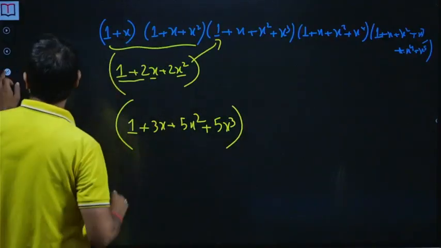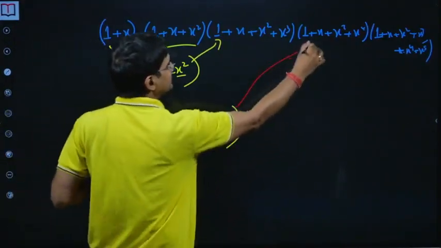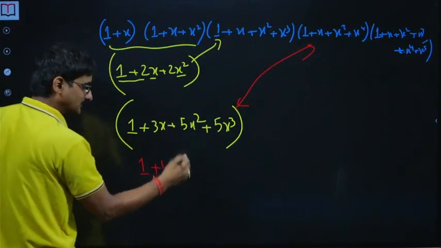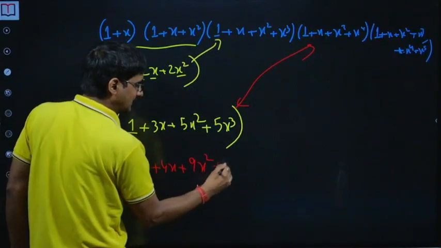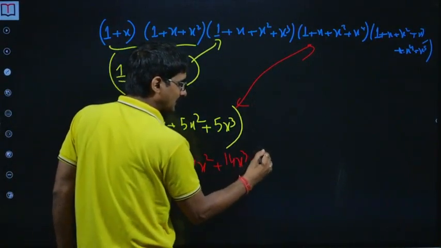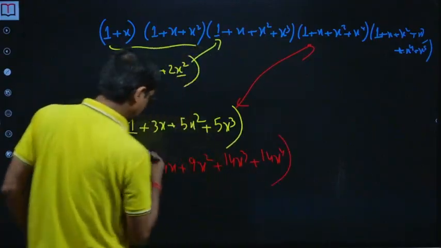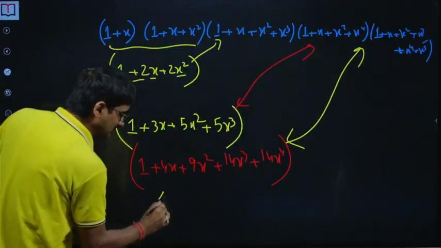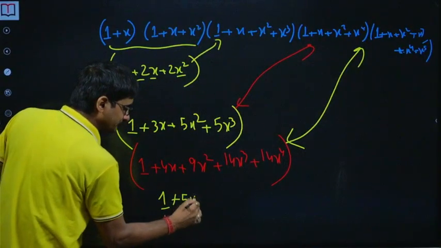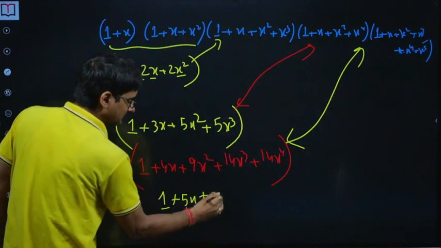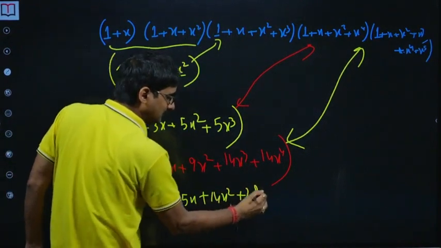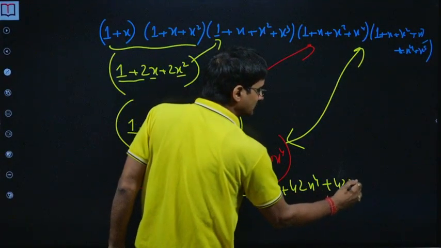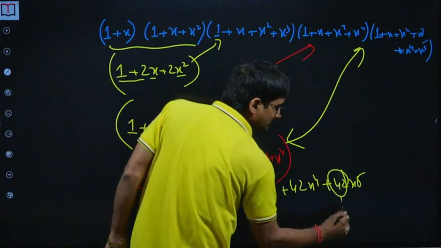And then next one, when you multiply it with this one, it will be 1 plus 3 is 4x, plus 5 is 9x square, plus 5 is 14x cube. And as I said, these two will have the same coefficient. And then when you multiply it with this last one, and we have to get the term, so 1 plus 5 plus 14x square plus 28x cube plus 42x raised power 4 plus 42x raised power 5. Coefficient of x raised power 5 is 42.